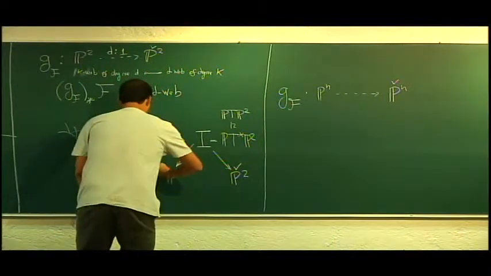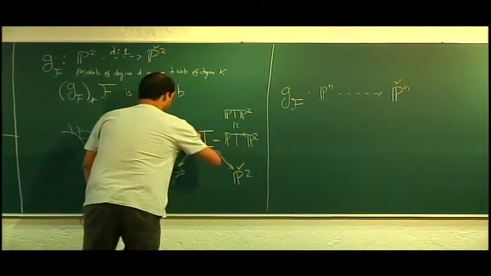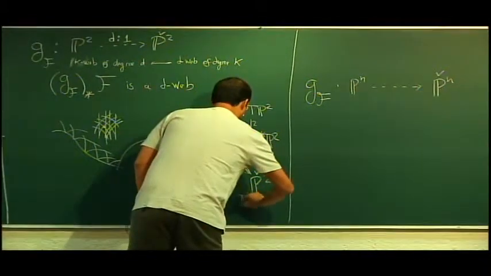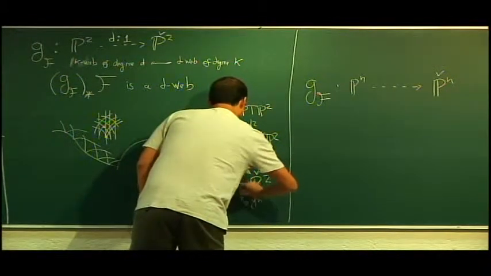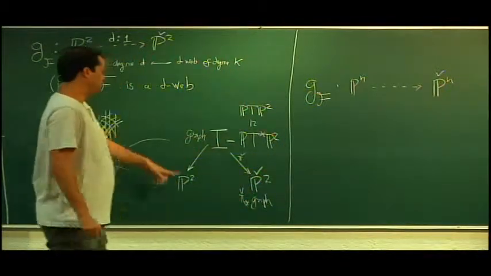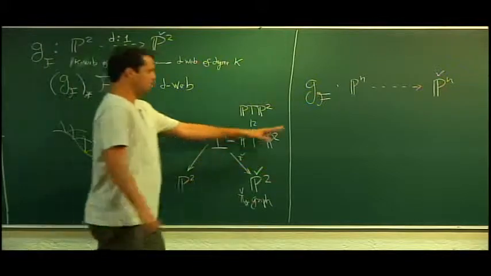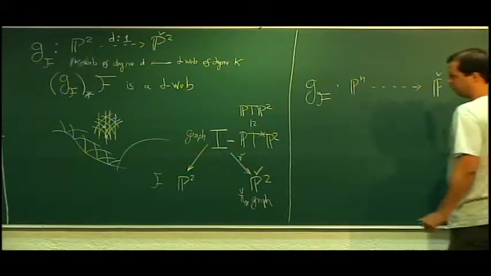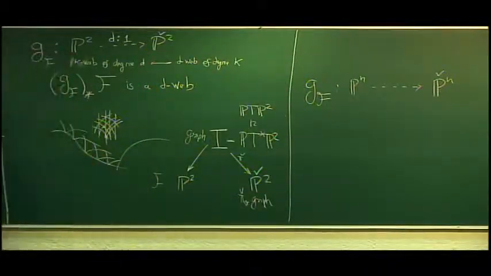Well, I start with a foliation, look at the graph, and take the direct image. We could try to do this construction with this setup. So let me try to be a little bit more precise.